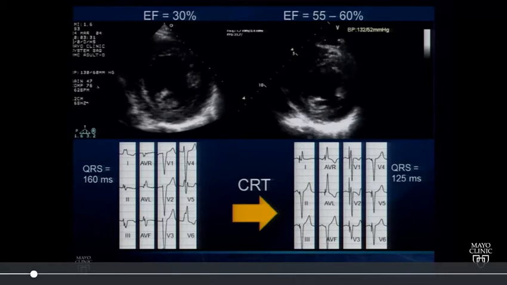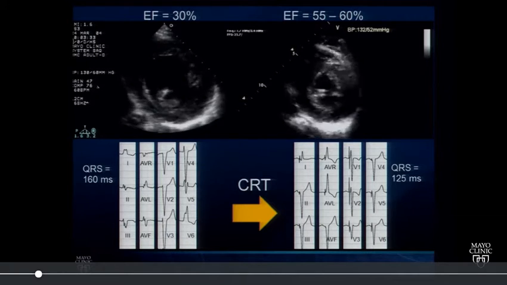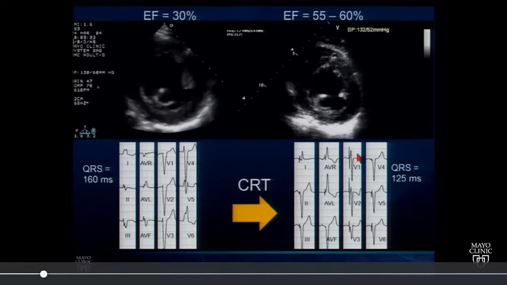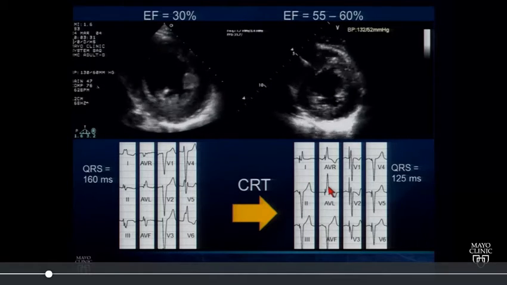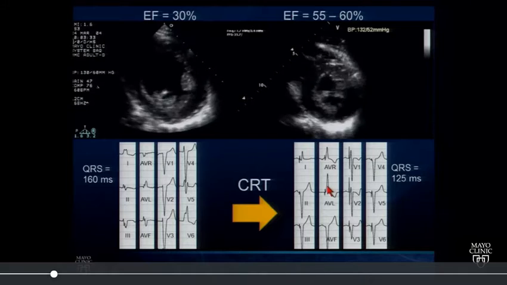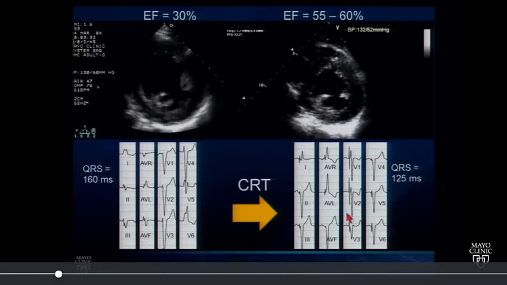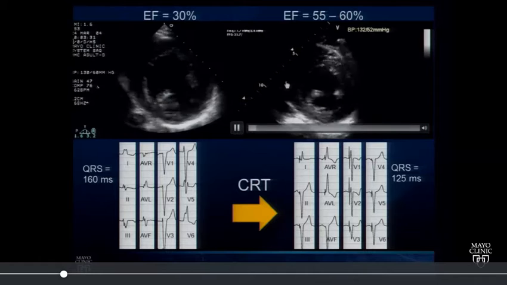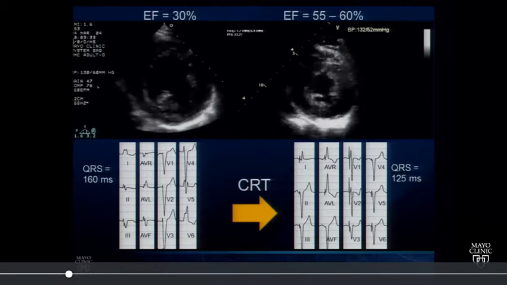And in these patients, the placement of a coronary sinus lead with the intention of providing lateral left ventricular activation at the same time as septal activation is associated with narrowing of the QRS, a change in morphology reflecting the union of the left bundle branch block pattern of activation with the right bundle branch block pattern of activation provided by the coronary sinus lead, such that we have a resynchronized heart, a narrow non-left bundle QRS associated with, in this case, a substantial increase in left ventricular systolic function.